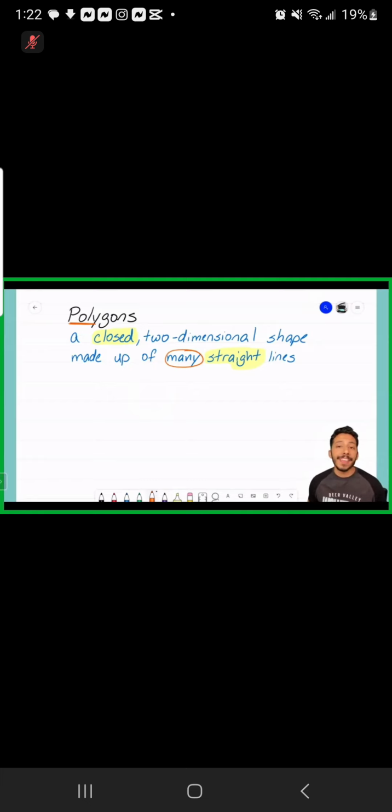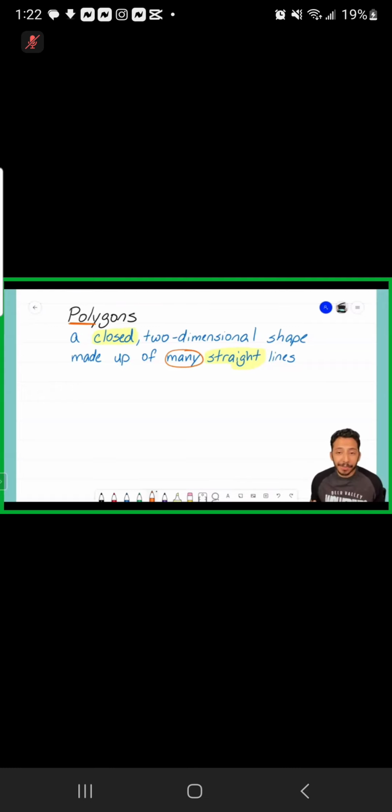And poly means many. That means polygon is the overarching category for all the shapes that you think of. It includes shapes of many different lengths and sizes, and that's going to be our main definition for what a polygon is: a closed, two-dimensional shape made up of many straight lines.